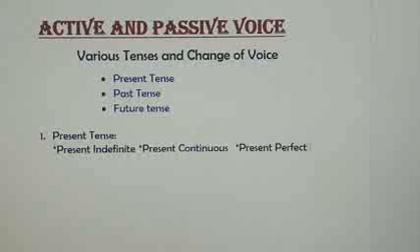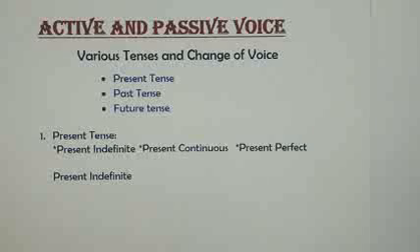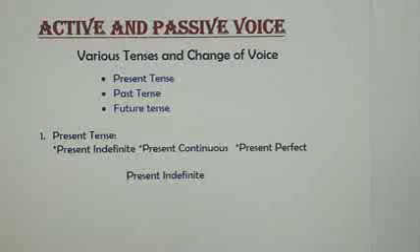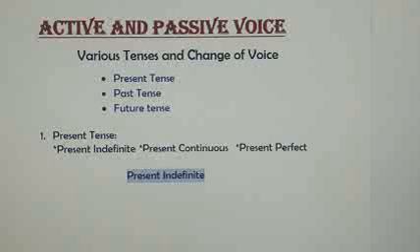So my dear students, first of all we will discuss the present indefinite tense, or you can also say simple present tense. Okay, present indefinite. My dear children, before I take you to the present indefinite, I want to tell you that a sentence must have a subject, along with the subject, a verb and an object.